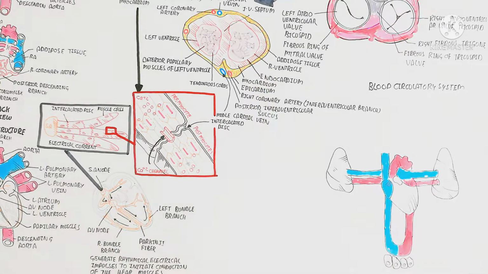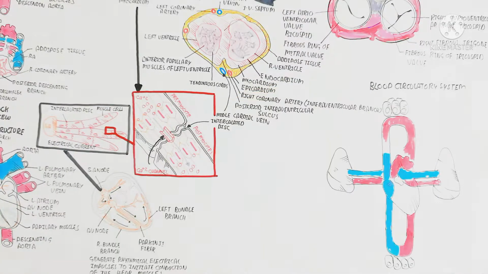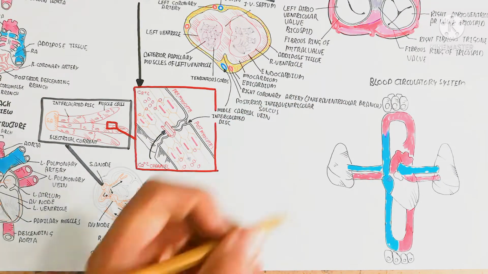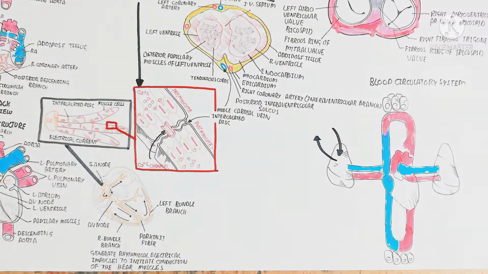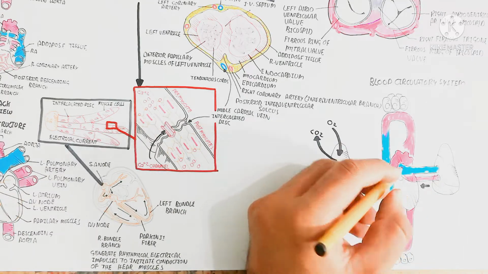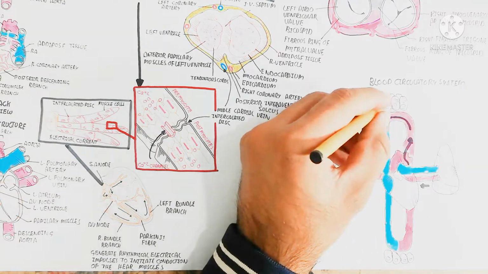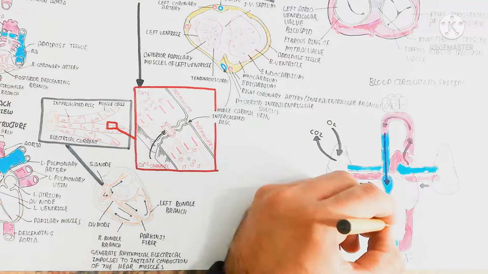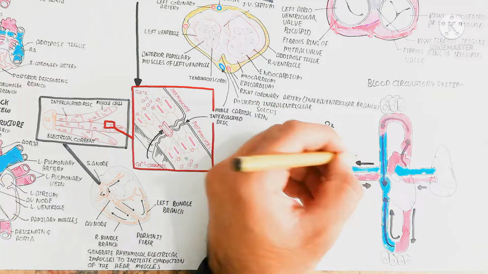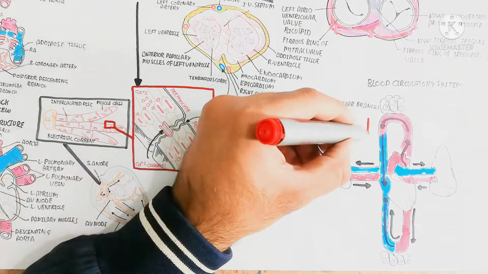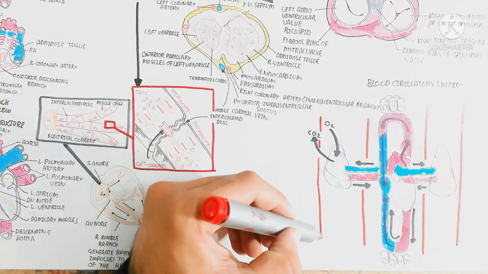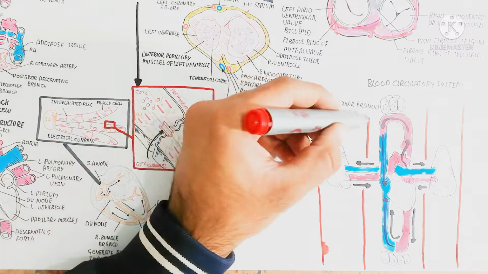The pulmonary vein and pulmonary artery are used for respiration, so the oxygen moves into the blood while the carbon dioxide is removed. The oxygenated blood moves toward the heart from the pulmonary vein, while the pulmonary artery carries blood out of the heart from the right ventricle.